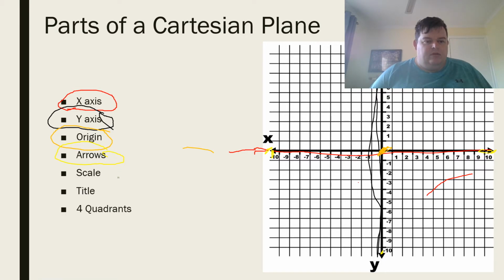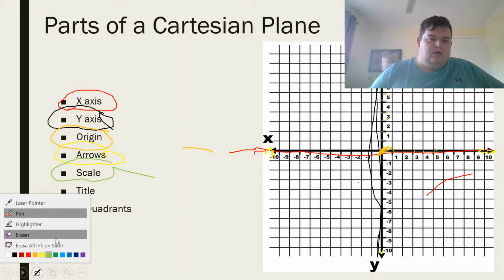Right. Scale. Well, the scale is each number that it goes up by, so this increases by 1 every single time, meaning that this scale is just 1 to 1. Whereas if it went up by 2s, the scale would be 2, for example. Title.